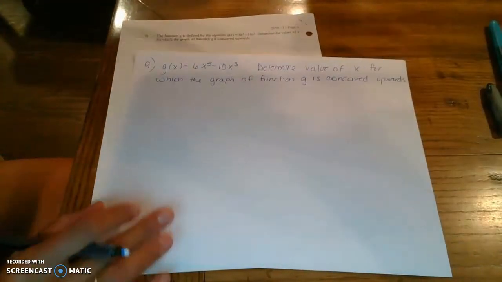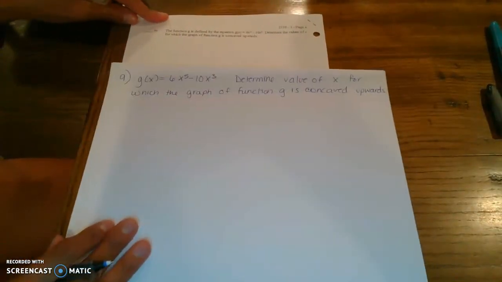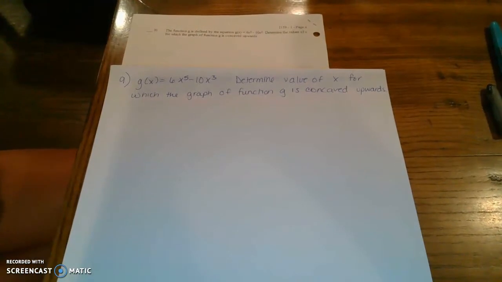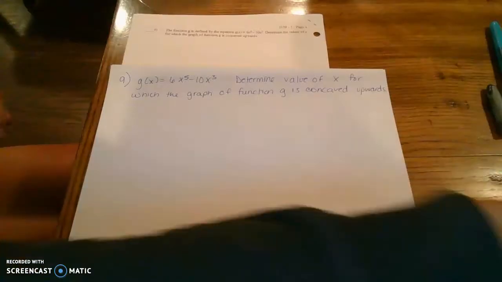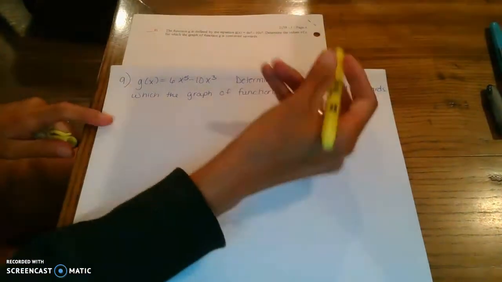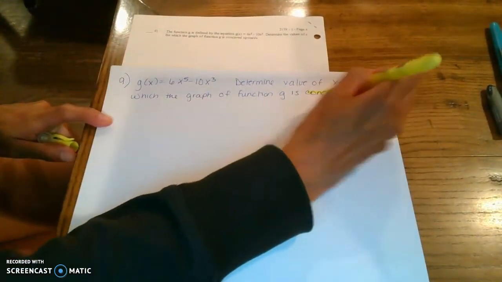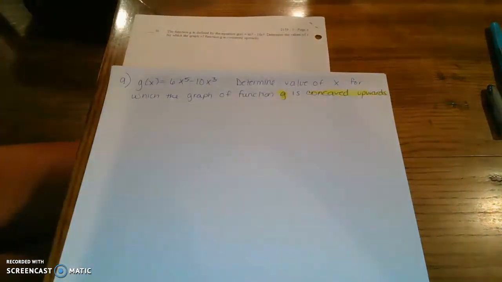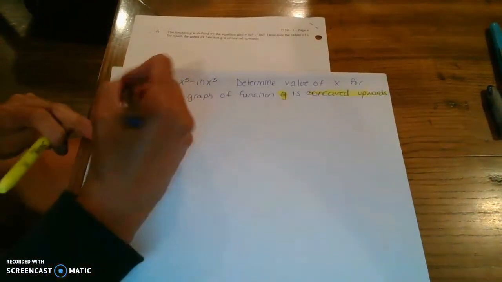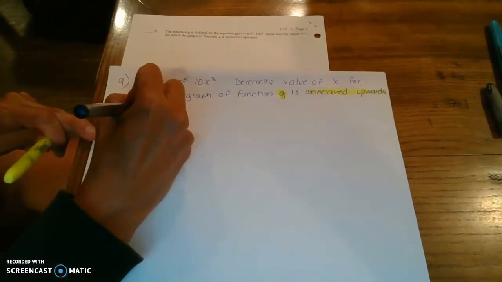Okay, number 9. Number 9 asks you to determine the values of x for which the graph of the function g is concave upward. So g being concave upward means that I need g double prime to be greater than 0.